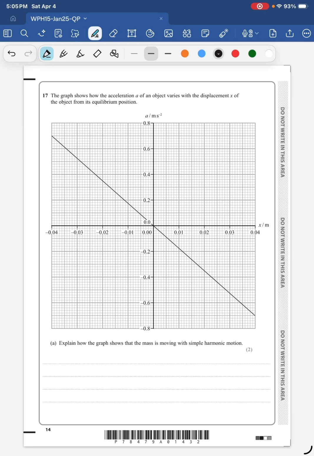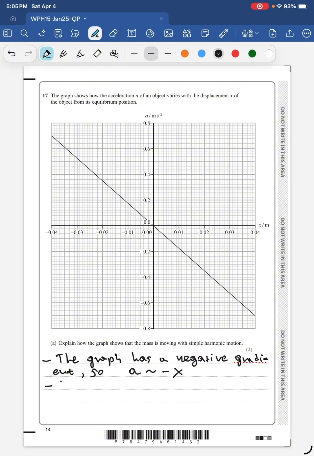Okay, so we see immediately that this graph has a negative gradient, right? So the acceleration is proportional to minus x, okay?